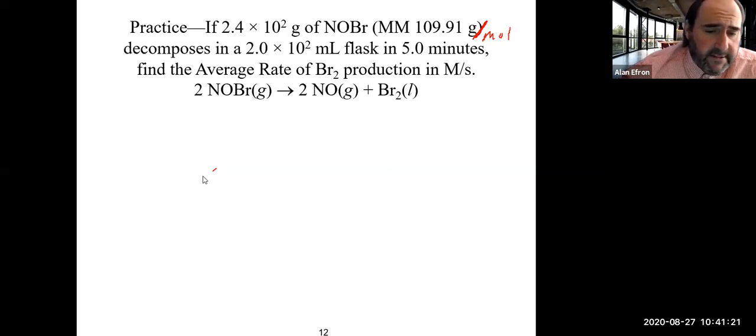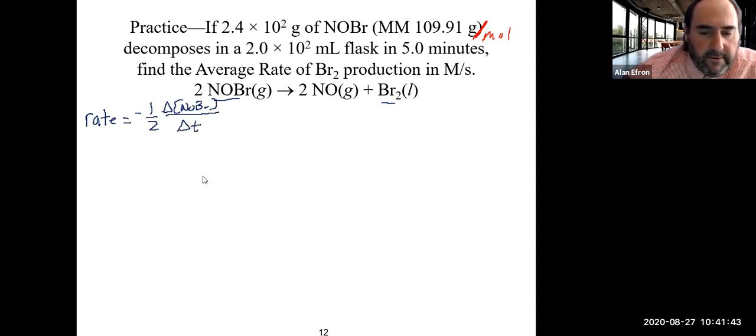Okay, let's take a look and see how we're doing. So in this case, we are given some information about NOBr, and we ultimately want to find information about Br2. So again, we could use our rate expression to help us with this. So the rate would equal minus 1 over 2, change in the concentration of NOBr over the change in time.